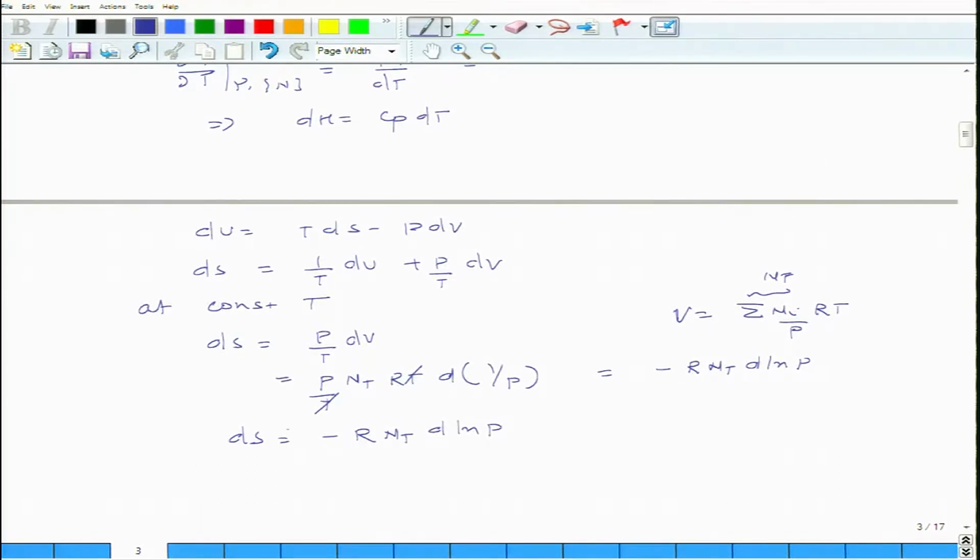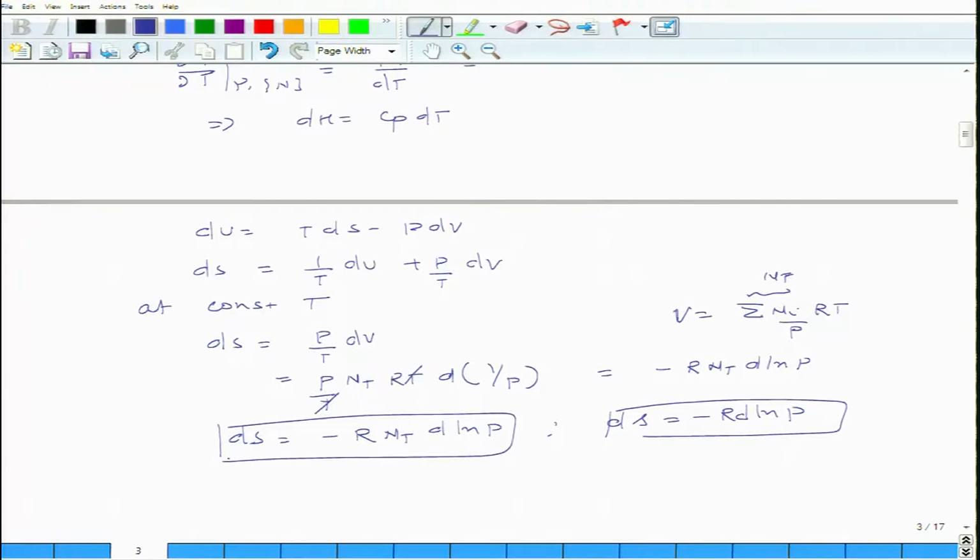Now, if I divide by the total number of moles, I can also write this expression as d small s, which means molar property, equals minus R d ln P. Both are equivalent.